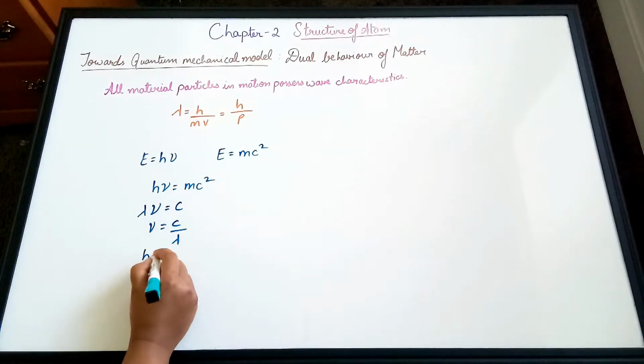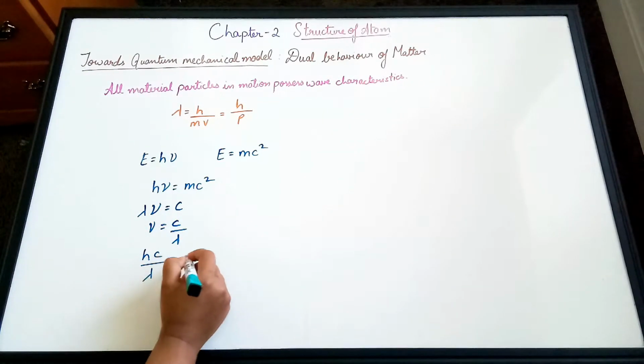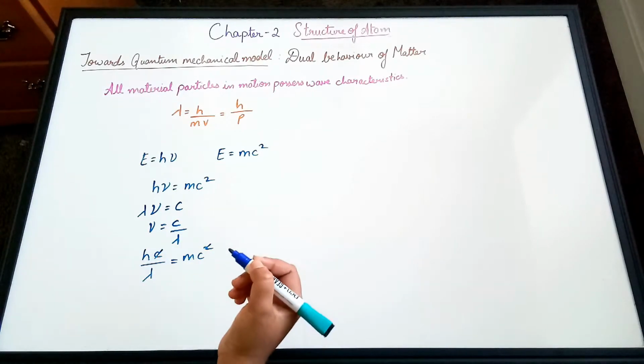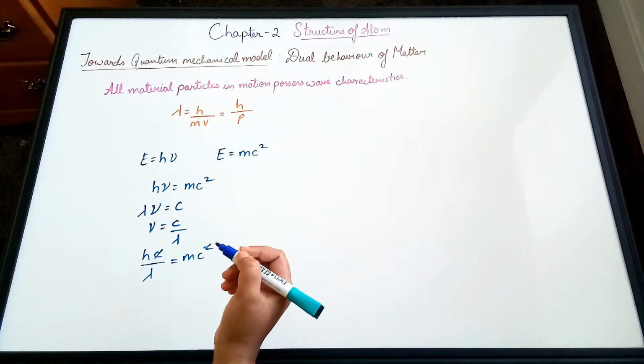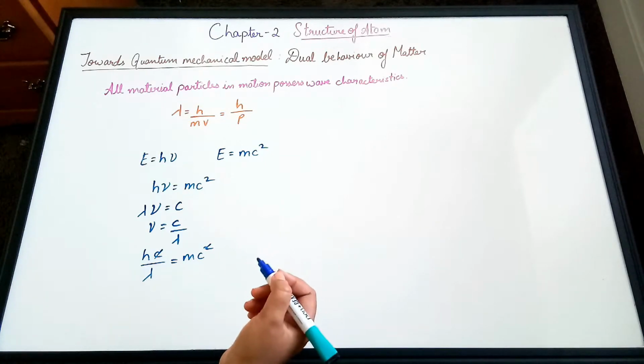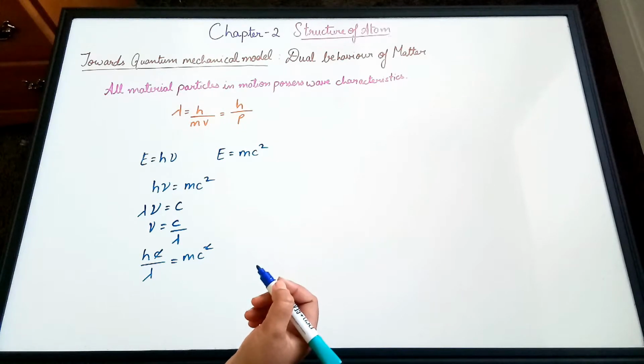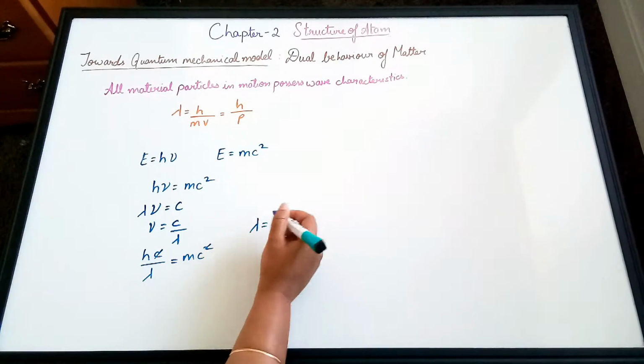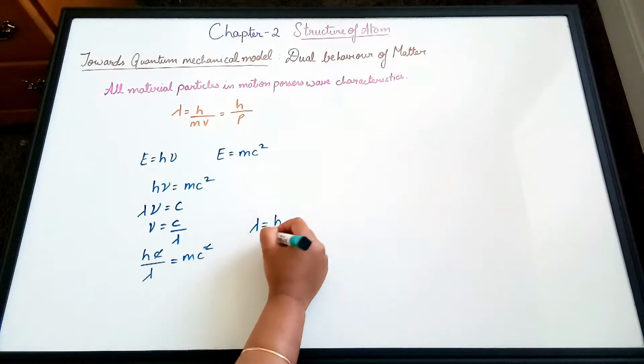So hc by lambda equals mc square. This and this get cancelled, and when we rearrange this equation, we get h equals lambda m c. So lambda will be equal to h by mc.